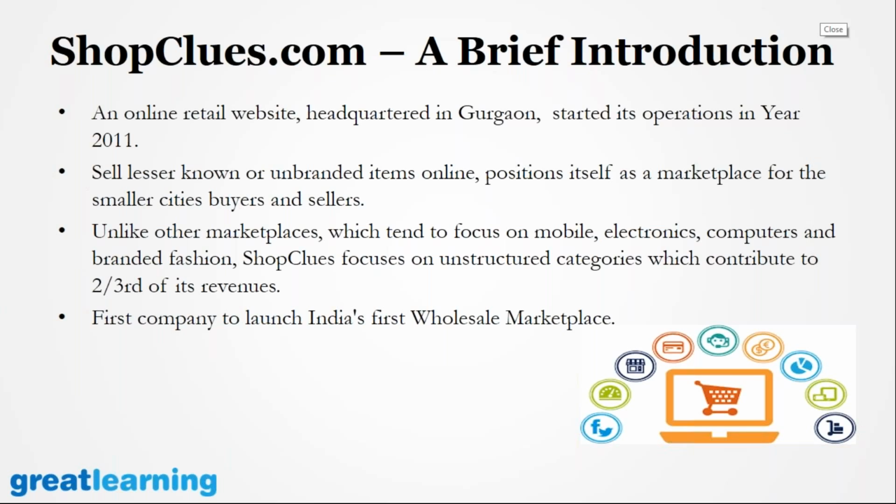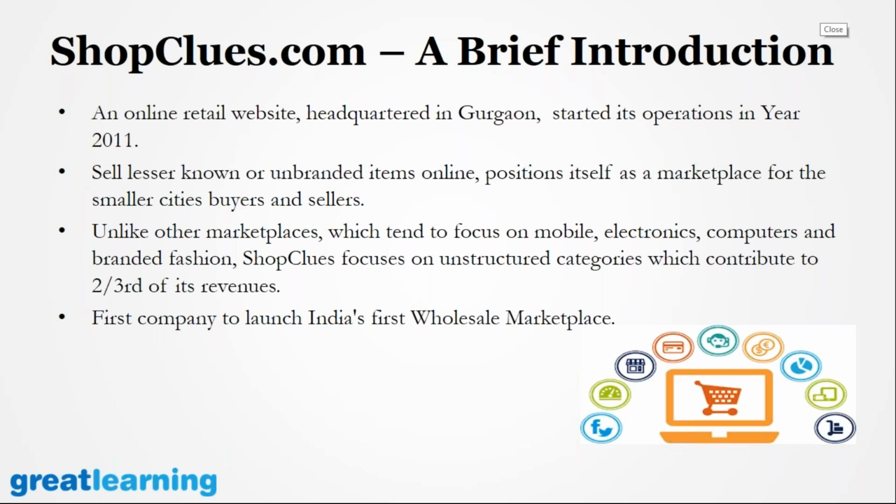So the goods you get at markets like Janpath or Sarojini Nagar, you get here on this website. It's not about the branded ones, because you can get those at Amazon or Flipkart. Their USP is that they get non-branded items and sell them, and they are doing pretty well on that.